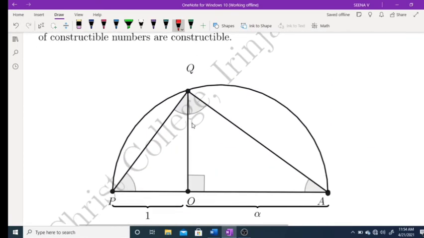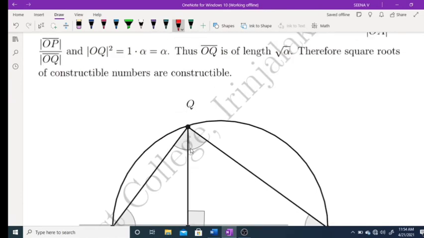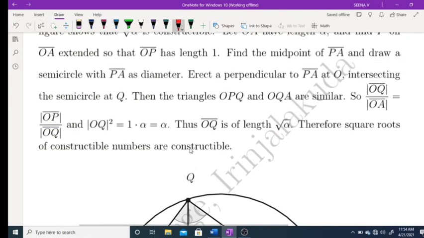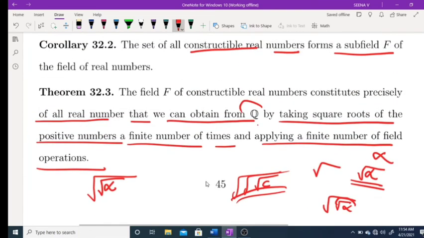Therefore square roots of constructible numbers are constructible. So what have we proved? We have proved if alpha is constructible, then root alpha is constructible. So if root alpha is constructible, root of root alpha is constructible. If you do any field operation, then that is also constructible.